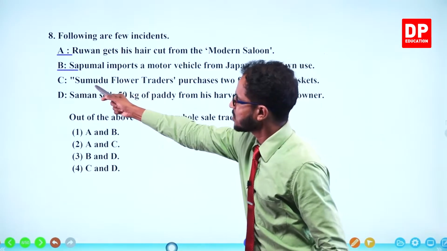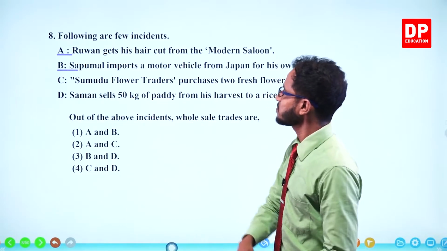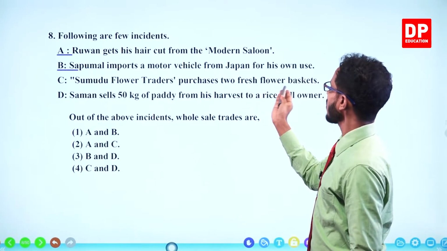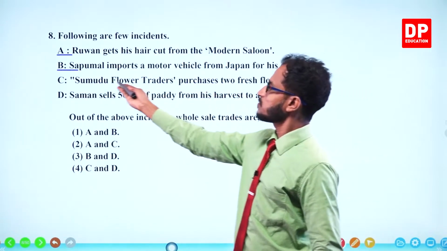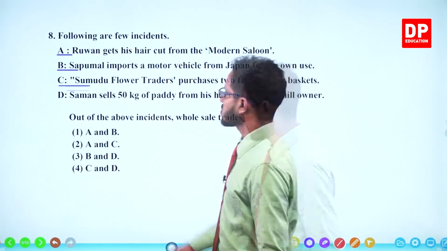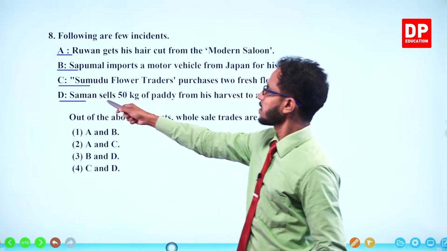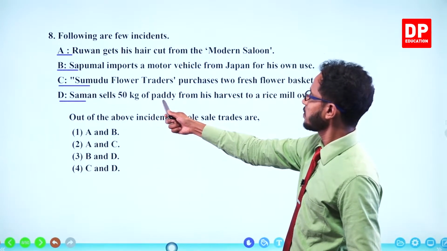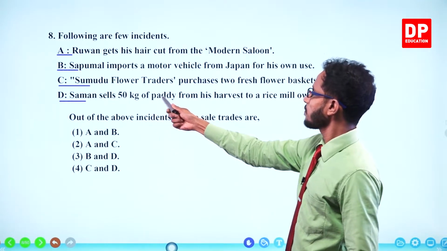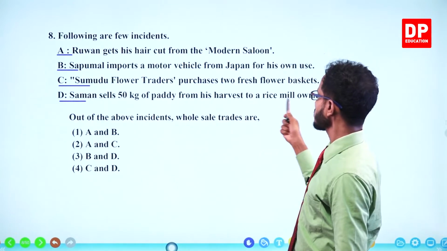Sumudu has a business called Sumudu Flower Traders. She purchases 2 fresh flower baskets for Sumudu Flower Traders. Saman sells 50 kilograms of paddy from his harvest to a rice mill owner.